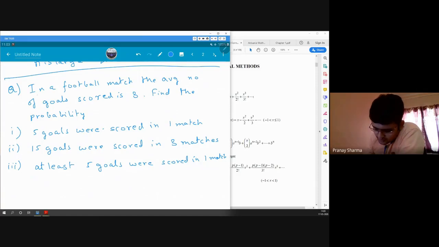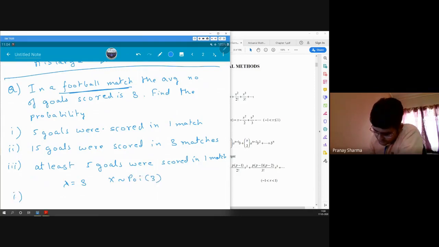But I can assume a football match is a unit of time. It is a fixed amount of time. So 3 goals per match is also a rate, right? So our lambda is nothing but 3. We are saying our x follows Poisson 3.